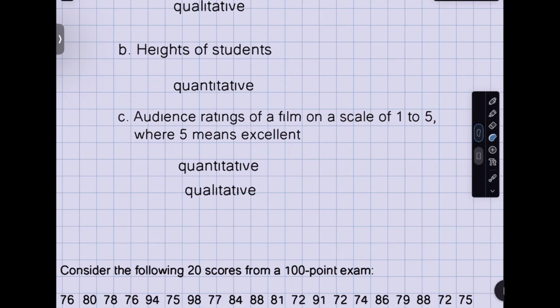It's qualitative because you're talking about the quality of the movie, right? That's what the rating is, the quality of the movie. It's all subjective. You're not measuring how many people like this movie versus how many people... Yes. Okay? So this is qualitative.